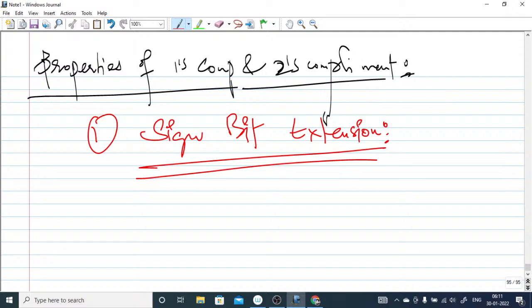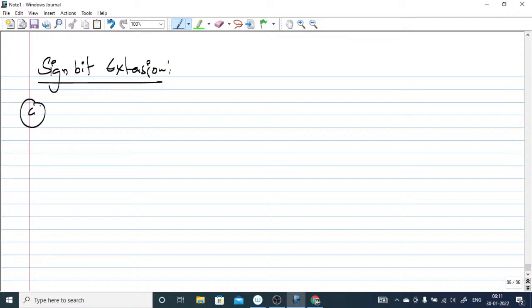What is sign bit extension? Consider a 2's complement number. Suppose 0 1 0 we are considering, and this is plus 2 in decimal.